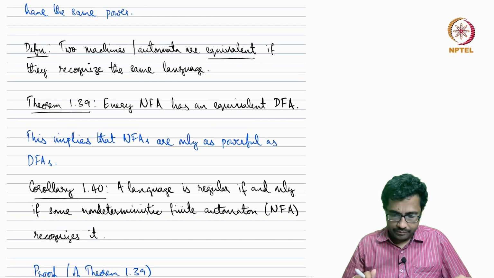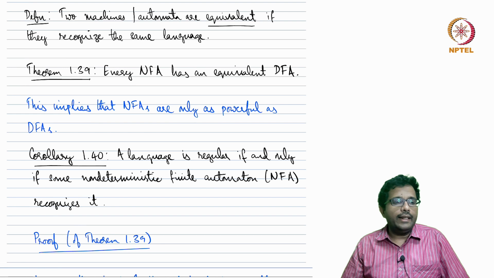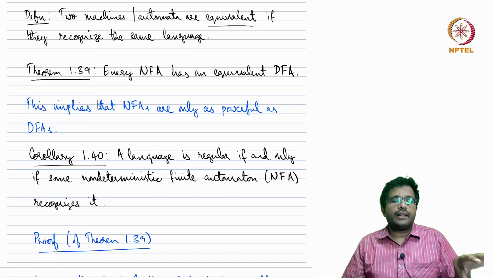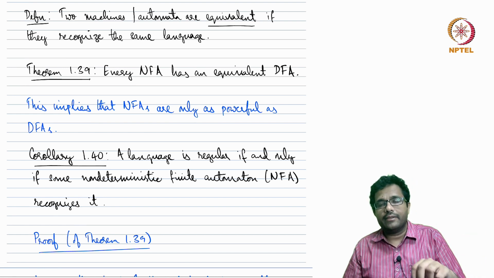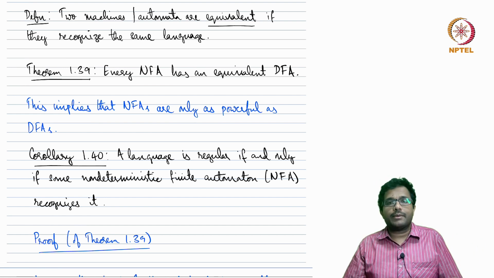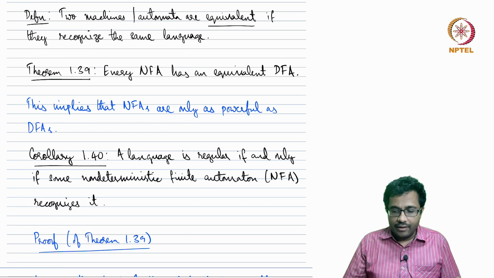And the corollary is that since any NFA has an equivalent DFA, the class of languages recognized by NFAs is the same as the class of languages recognized by DFAs, and we already have a name for the class of languages recognized by the DFAs. The name is regular languages.